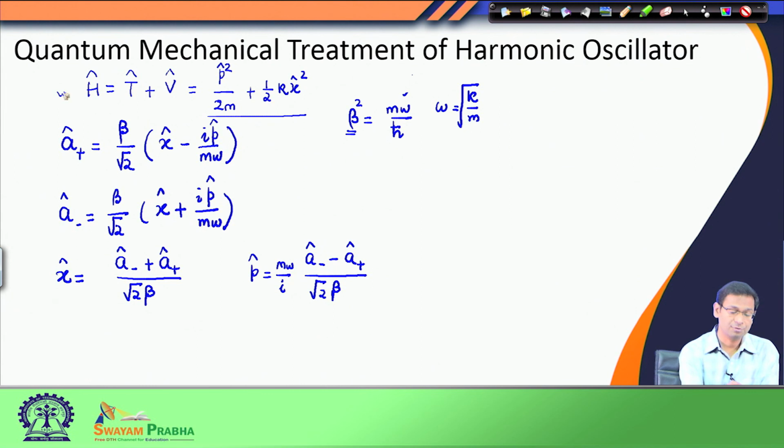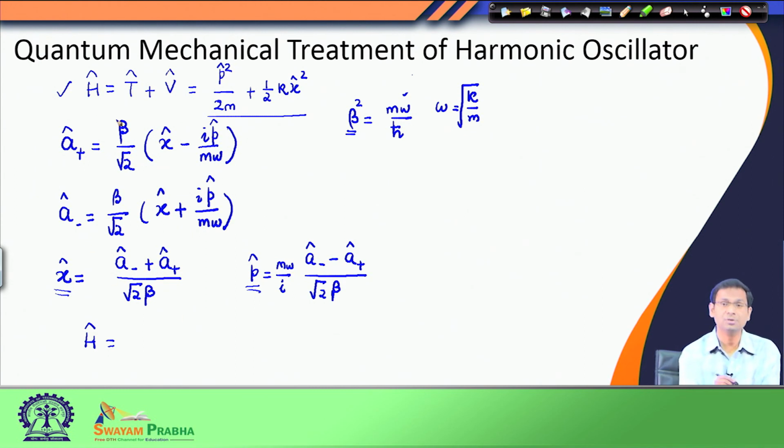Now, if you recall, we started defining our Hamiltonian in terms of the momentum operator and the position operator. We defined two new operators A plus and A minus in terms of x and p, and now we are also defining x and p in terms of A minus and A plus. What is the advantage? The advantage is that now we will use this x operator and p operator in this equation and rewrite this Hamiltonian, since we are replacing x and p with A minus and A plus.